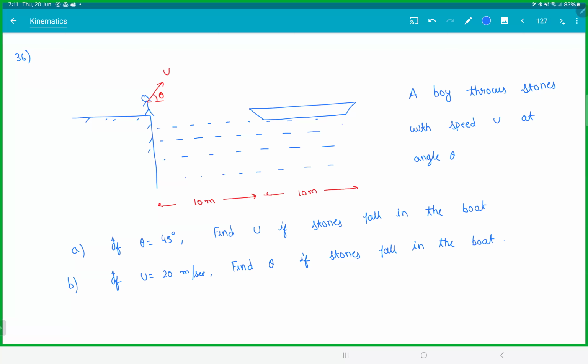What are the answers for velocity? Yeah, that is wrong. You're right. That is wrong. You're right.